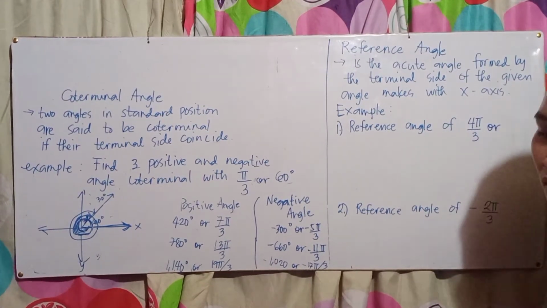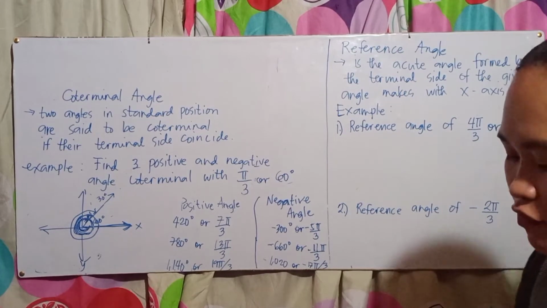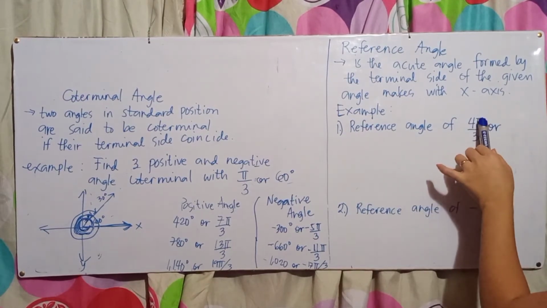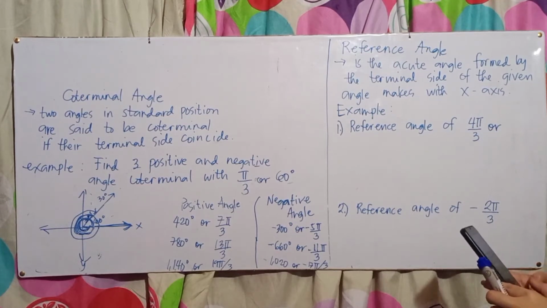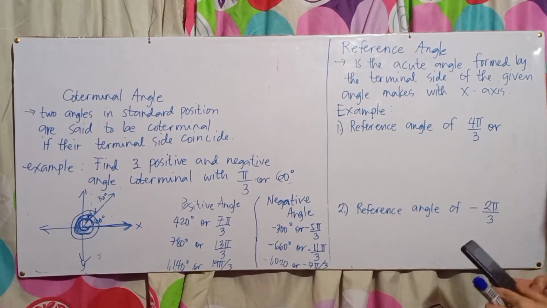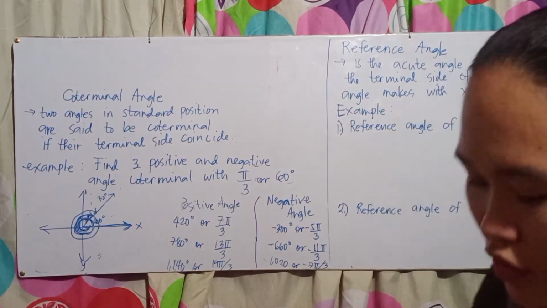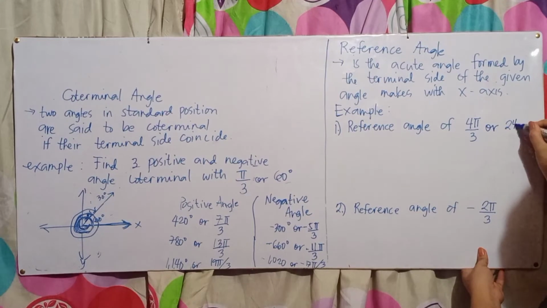So, since naka-radian ang given, so i-convert natin into degrees. So, 4 pi over 3, so 4 times 180 is 720 divided by 3. So, 240. So, our given is positive 240 degrees.